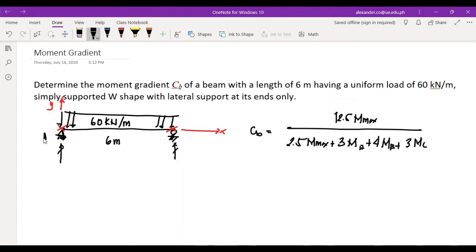I'll call the supports A and B. The reaction at A is 60 times 6 divided by 2, or 60 times 3, so this will be 180 kilonewton. RB is also 180 kilonewton.